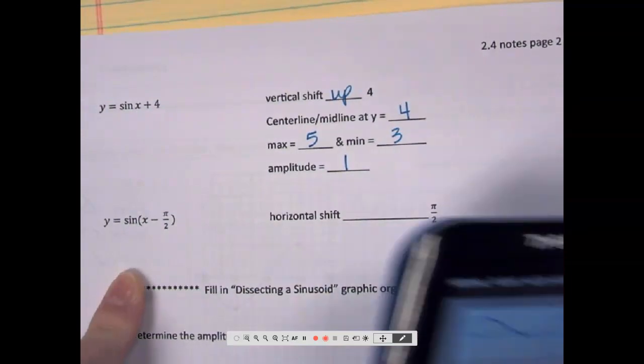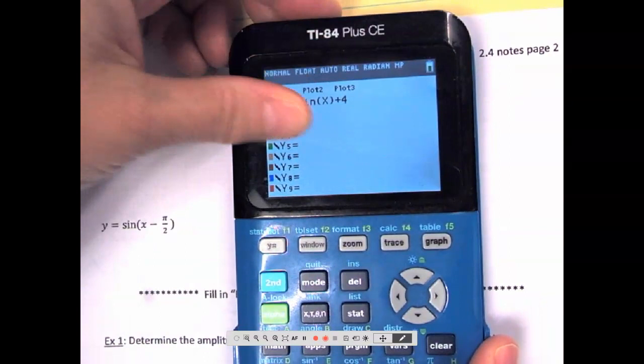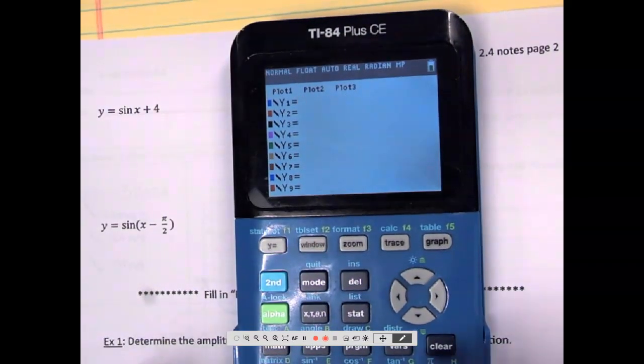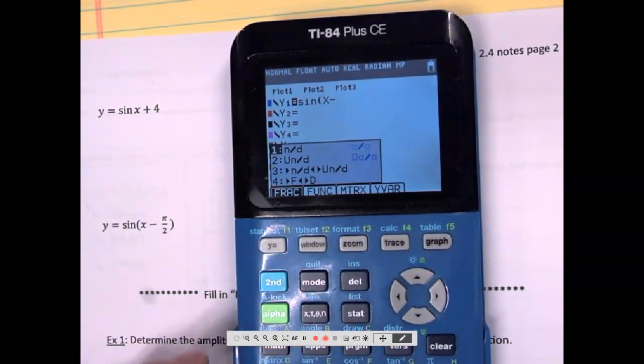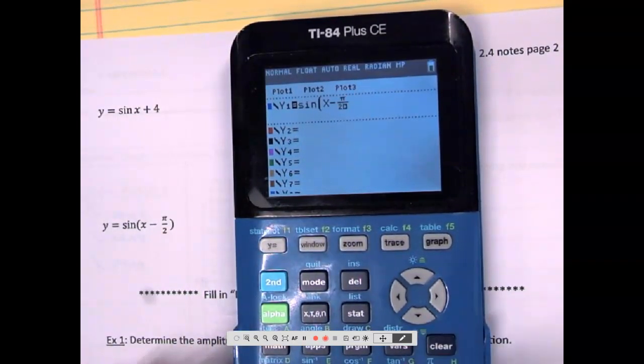Okay, one more change. Go to sine. Now we're going to change what's in the parentheses. Y equals sine of x minus, we'll get your fraction key, pi over 2.